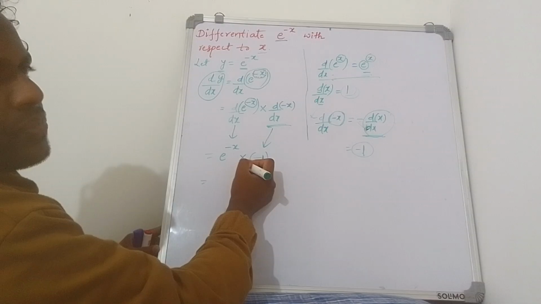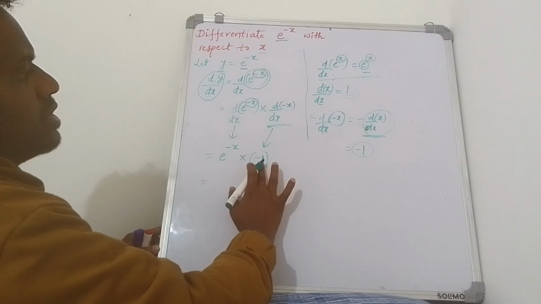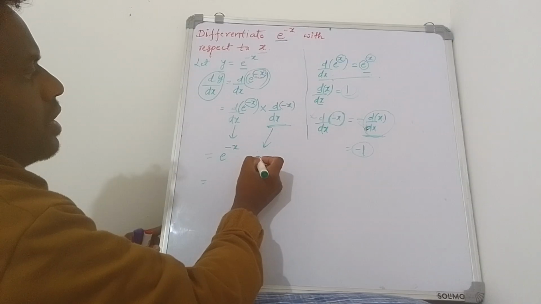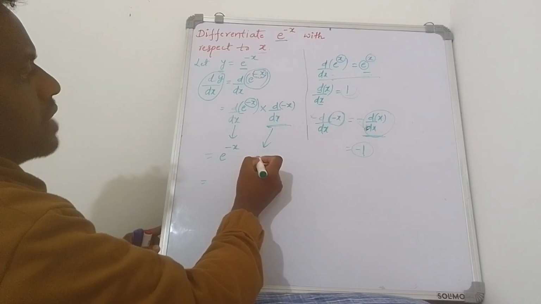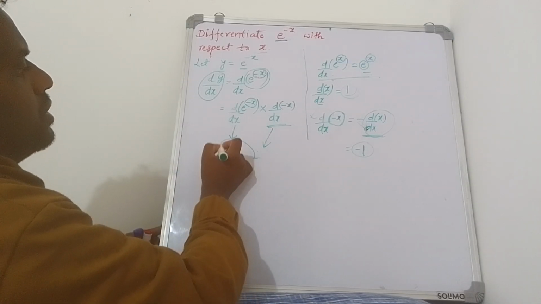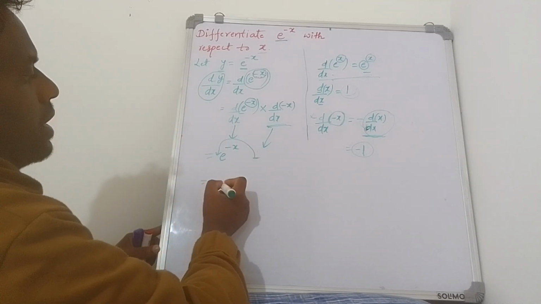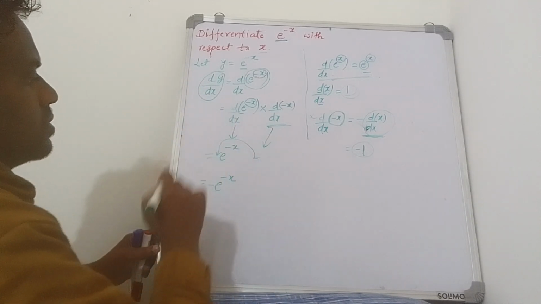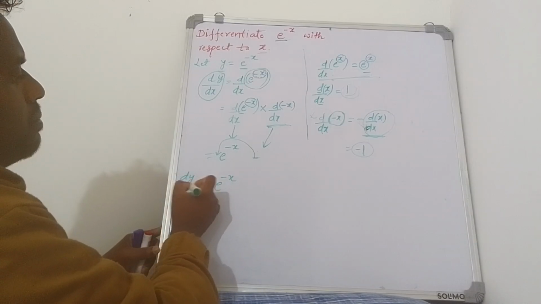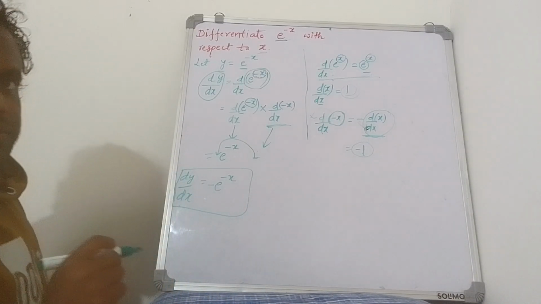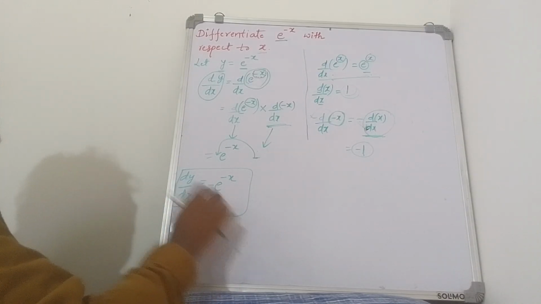So into is there. Because of that, you can discard this 1 bracket into everything. Okay. You can write this minus sign in front of here. In front of e to the minus, you can write. So minus e to the power of minus x. So dy by dx is this. Okay. Now this is the answer.